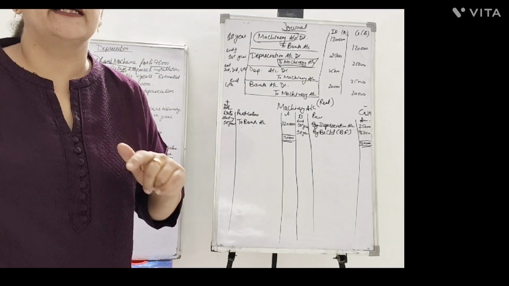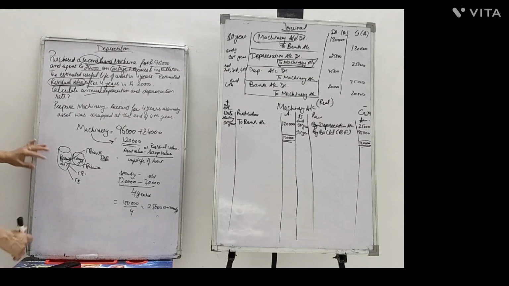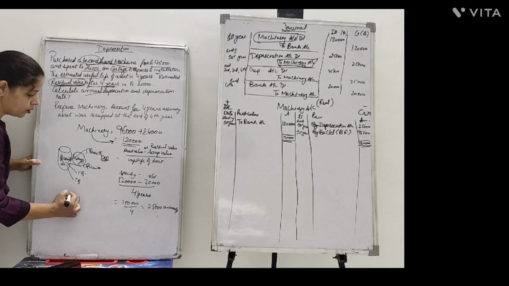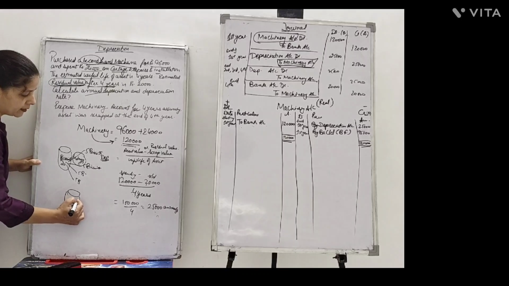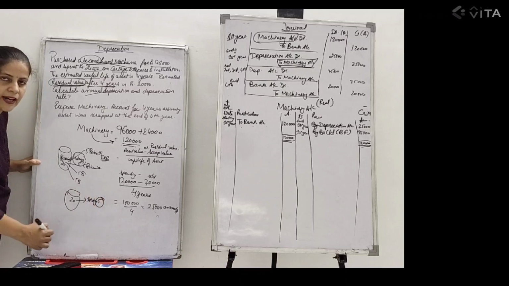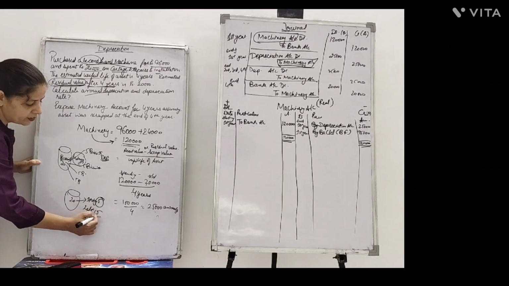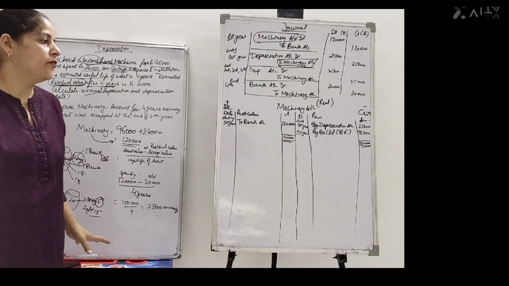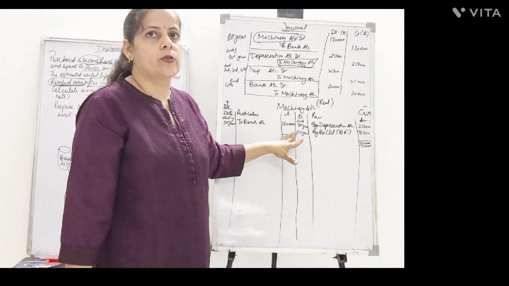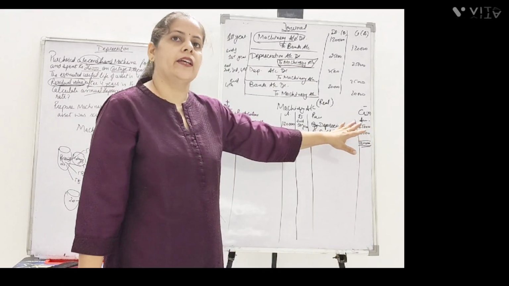If you are not getting it, just go back to my example which I took. If a container is holding 20 biscuits and on the very first day the biscuits consumed are 5, then 20 minus 5, how much are left? 15. The same way, 1,20,000 is the machinery value, depreciated by 25,000.